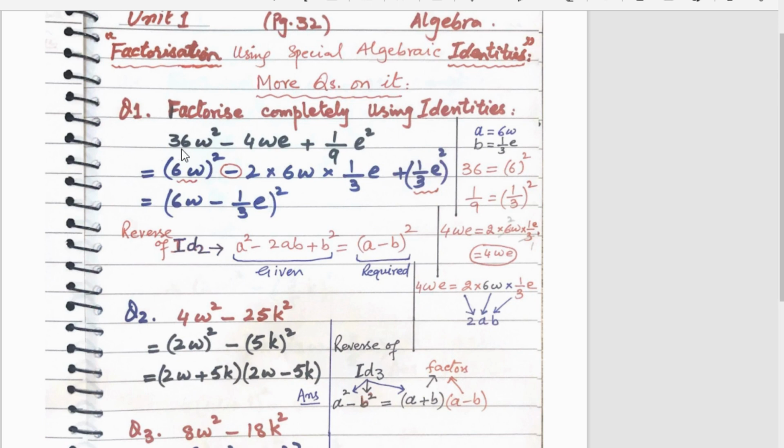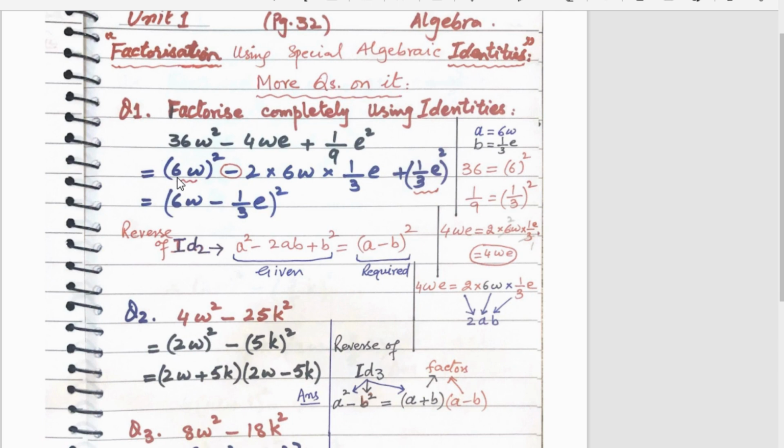First term is 36w square. W has square on it, and for 36 we will find out what number gives us 36. I think 6 square. When we multiply 6 by 6, we get 36, because 6 square means 6 multiplied by 6. It means we can write down 36 as 6 square.